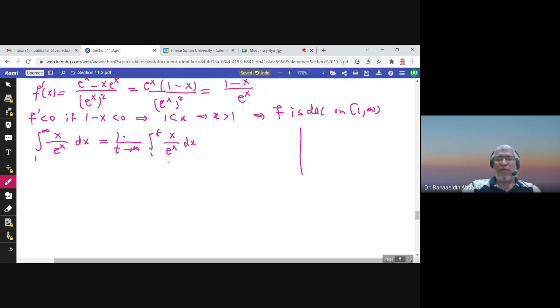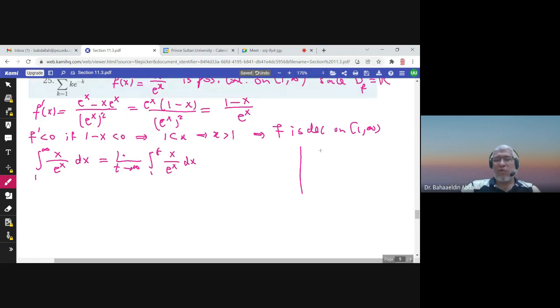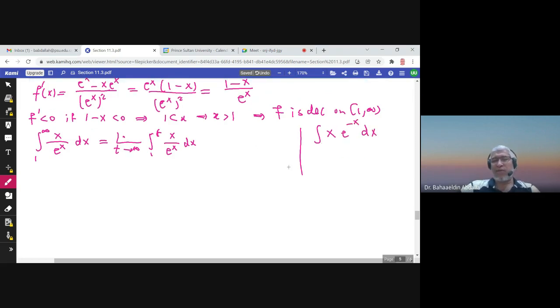The derivative of e^x is e^x. So I believe that you know by now that this integral can be evaluated using integration by parts. We can even do it the fast way where we write u and dv here. And please, for this, just review section 7.1.